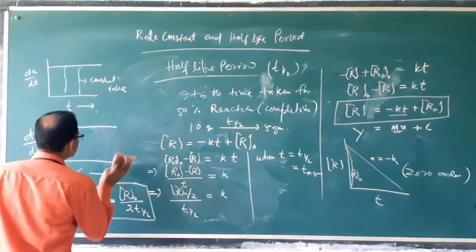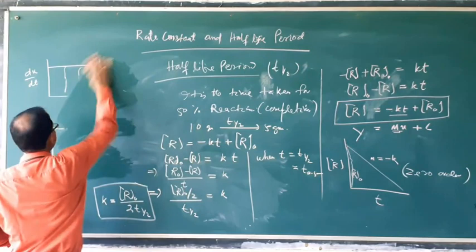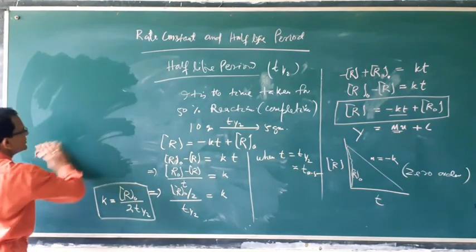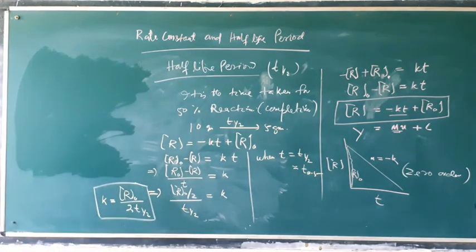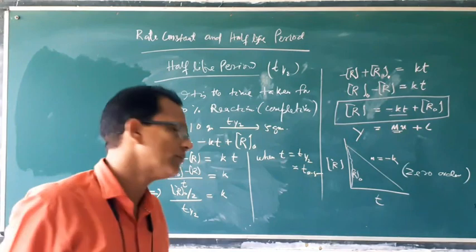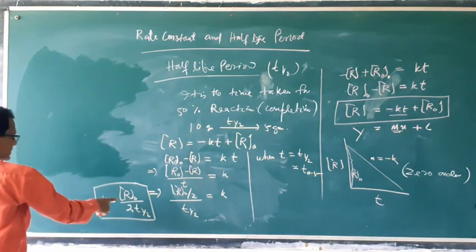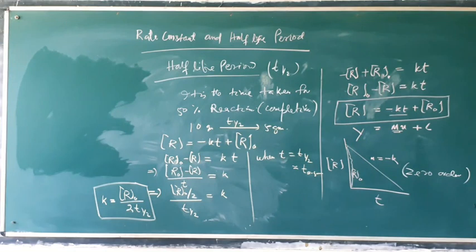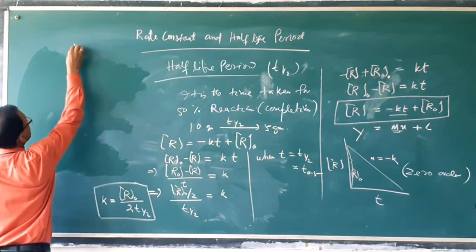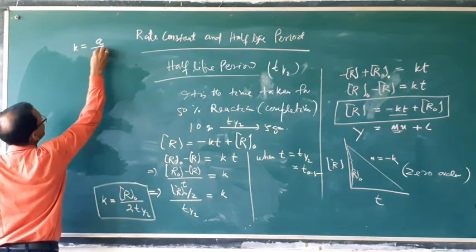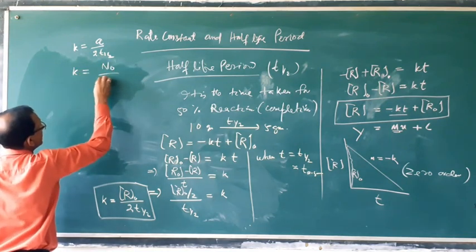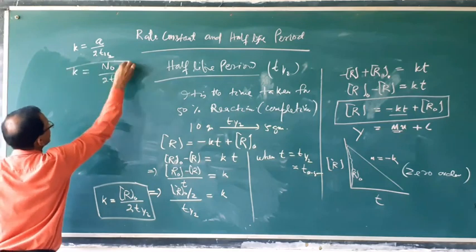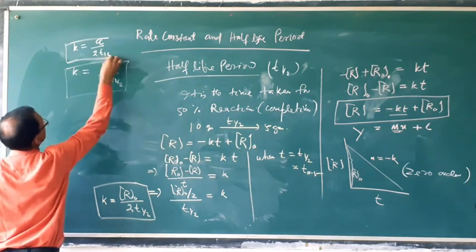This equation is a very important relation. Everything can be expressed from the equation, and the graph can be drawn from the equation. The equation is K equal to R0 by 2 T-half. Some books write K is equal to a by 2 T-half, some write K is equal to N0 by 2 T-half. Same formula, don't be confused.